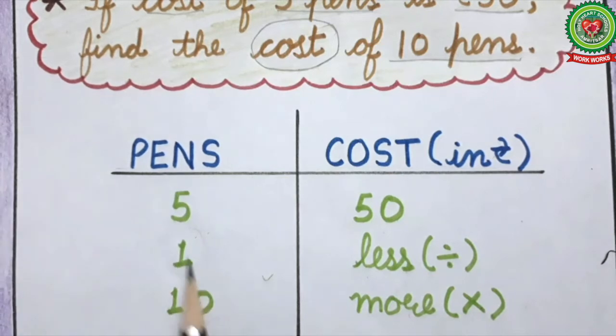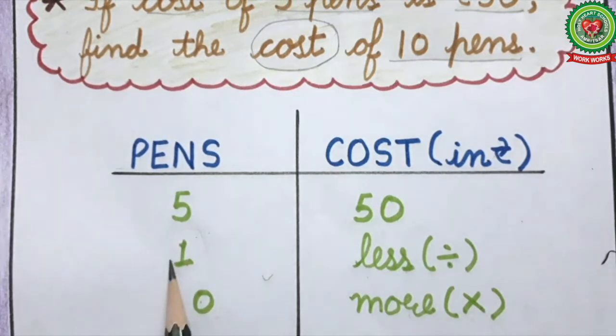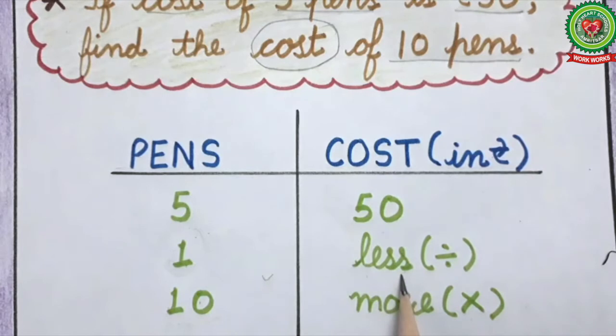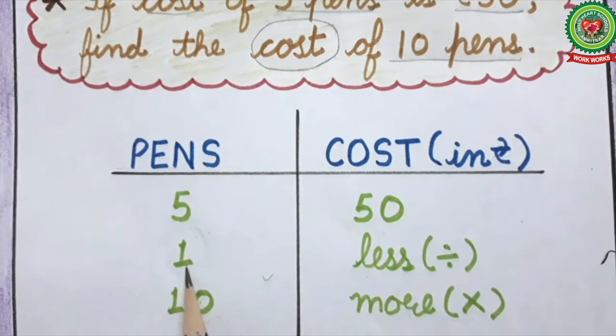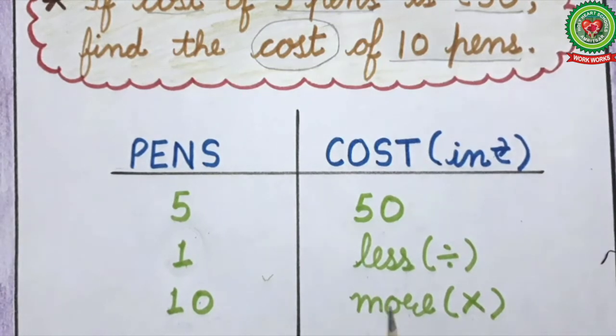And we know that method. Here number of pens reduces, less will come, less means divide. Then by using this cost of 1 pen, we will find the cost of 10 pens. Pens increases, cost will also increase. Here more will come, more means multiply.